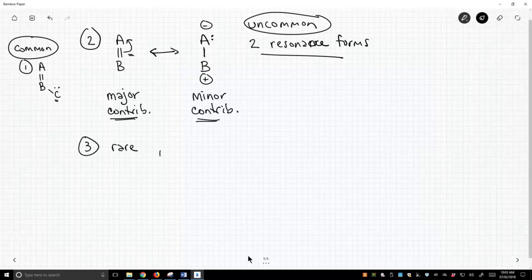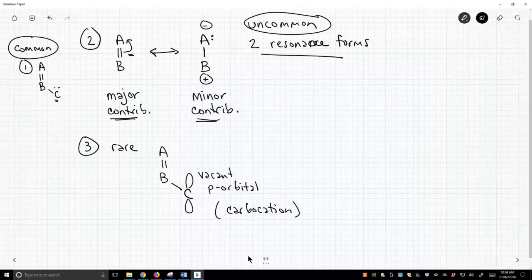For number three, we'll have atoms that are, again, double bonded to each other, and then we'll have another atom that has a vacant p orbital. You don't see vacant p orbitals too often, and when you do, typically it's for a carbocation. That may be, in fact, the only reason that we'll see one in this class.